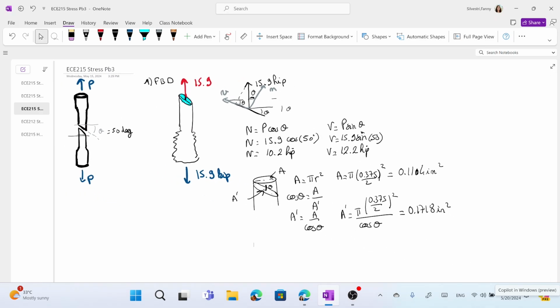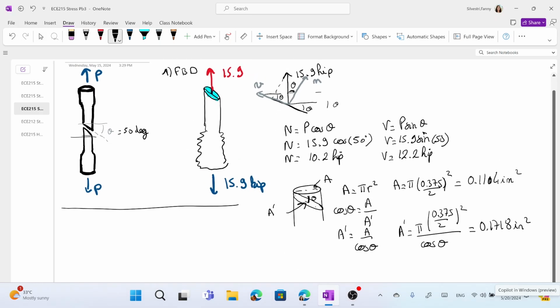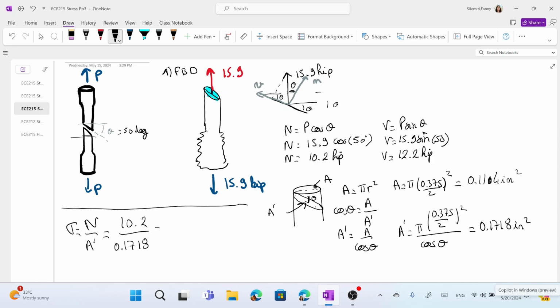Remember the formula for the stress? So sigma equals what? The normal force divided by the area. So N divided by A prime. N is 10.2 and A prime is 0.1718. So sigma equals 59.5.